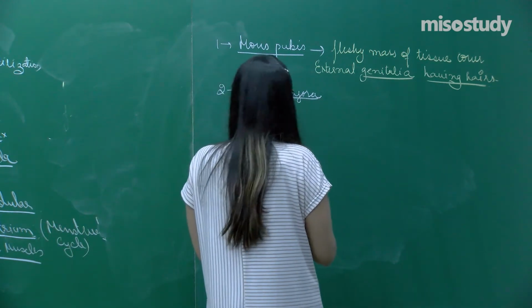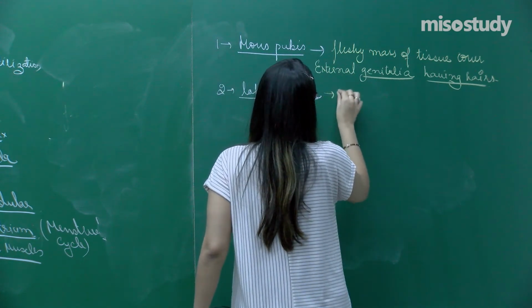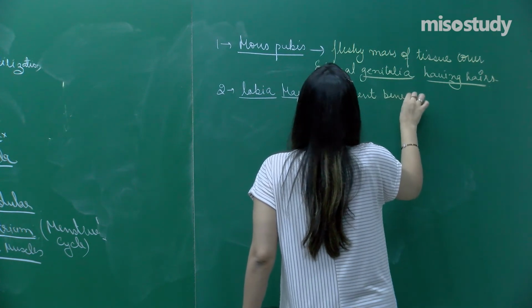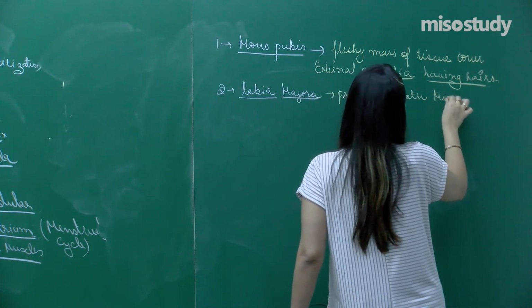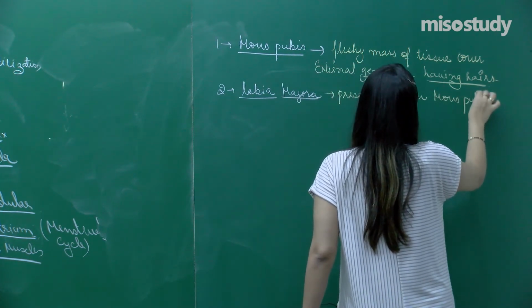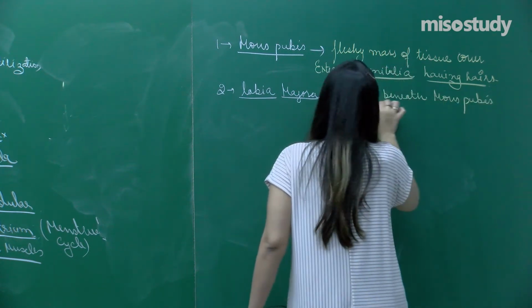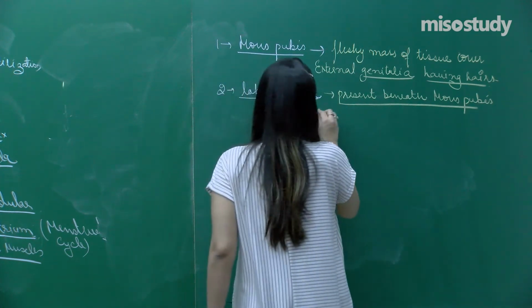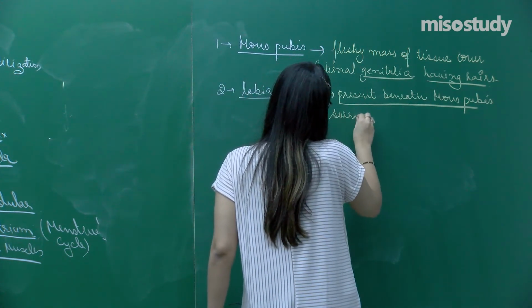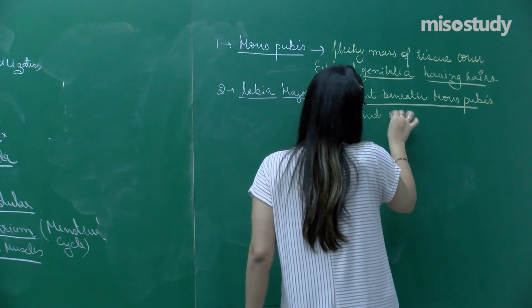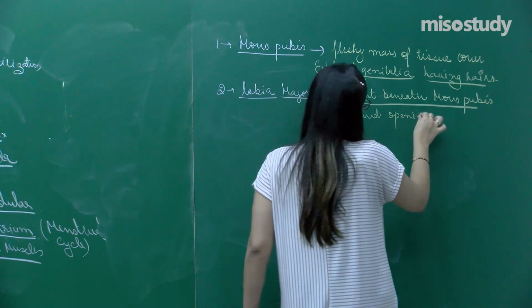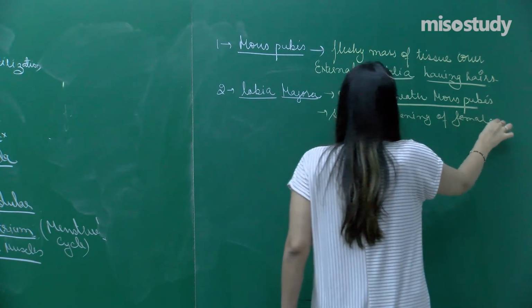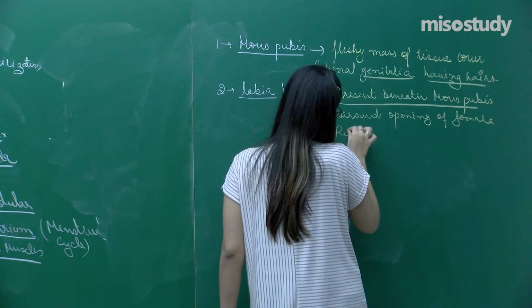And this labia majora is present beneath the mons pubis, and this region surrounds the opening of the female reproductive tract.